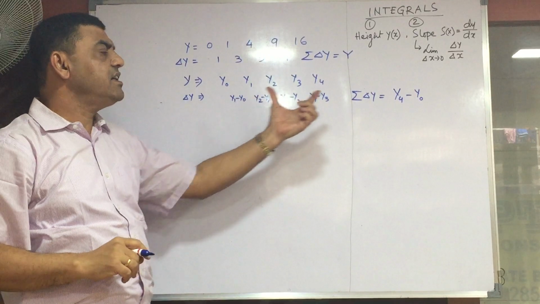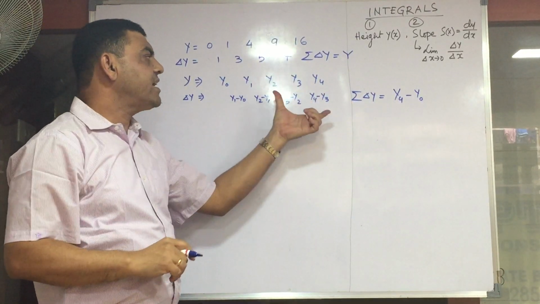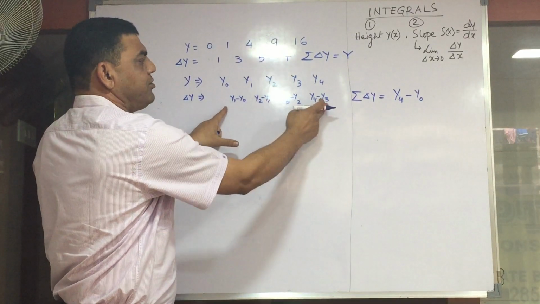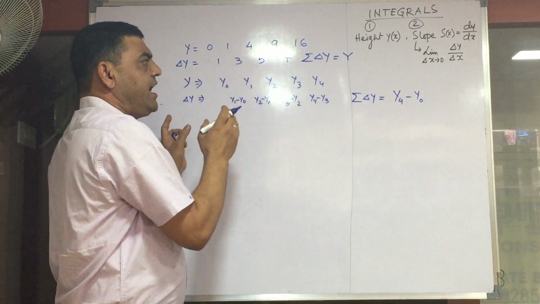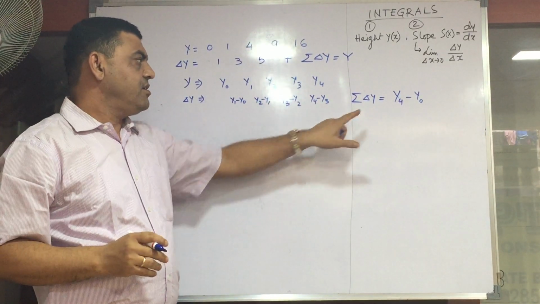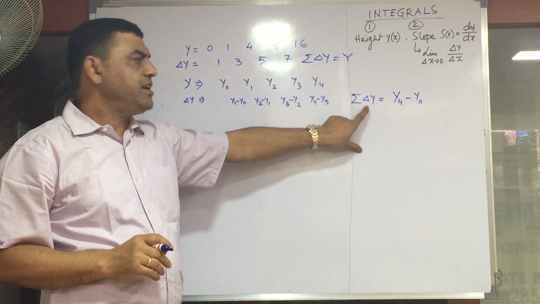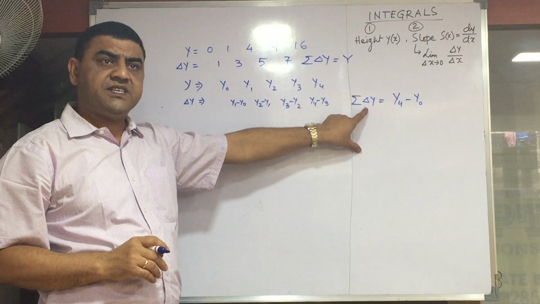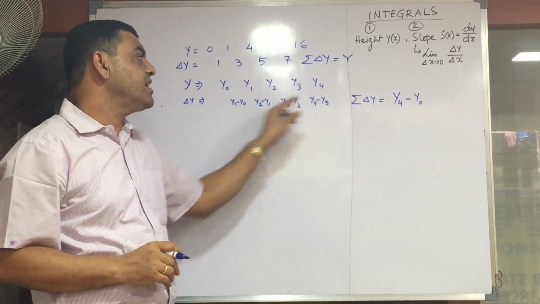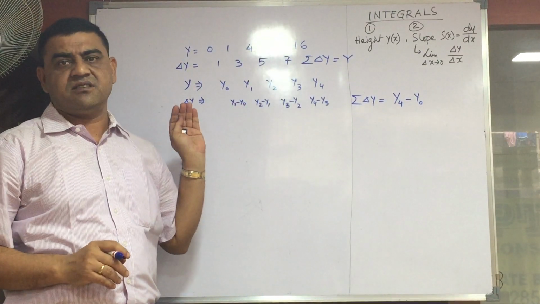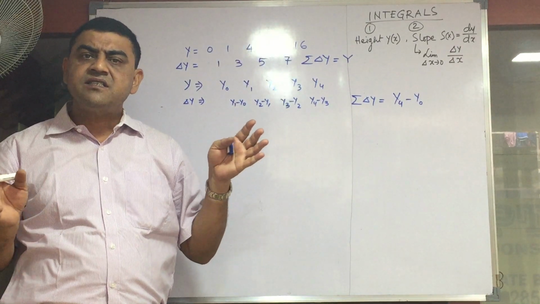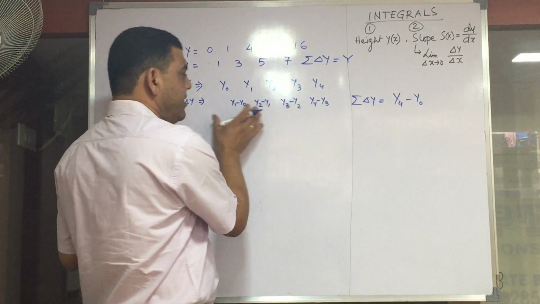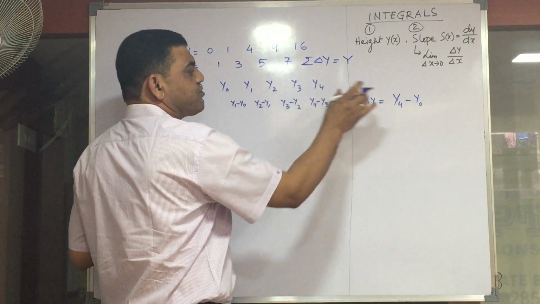It is the total distance traveled during that time, which is what we are looking for: the total height covered, where we know the individual slopes at different intervals. This is how we get the first function from the second function by summing up all the second function. So integration is summing up all of these differences, or the slopes.